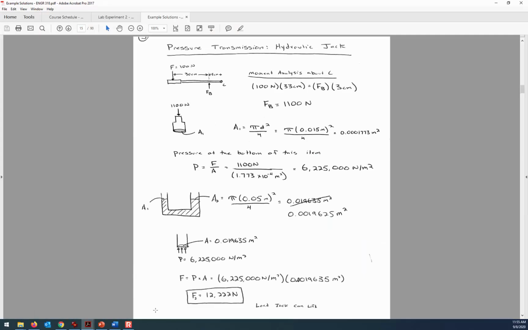So we have on the one side 100 newtons, which is causing a counterclockwise rotation, acting at 33 centimeters, and that's resisted by force B at a distance of 3 centimeters. Are there other questions?